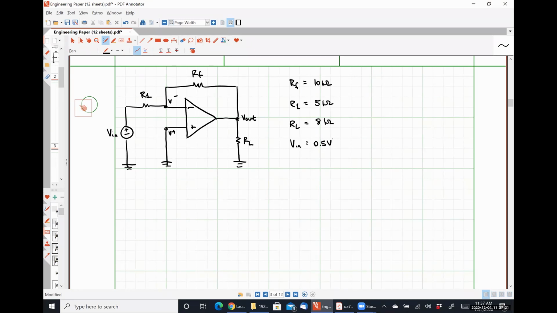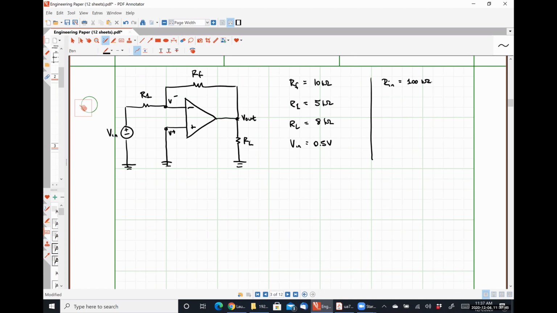So those are all the parameters of our circuit. Now we need to know the parameters for the op amp itself. Let's say that Rin is 100 kilo ohms, which would actually be small.